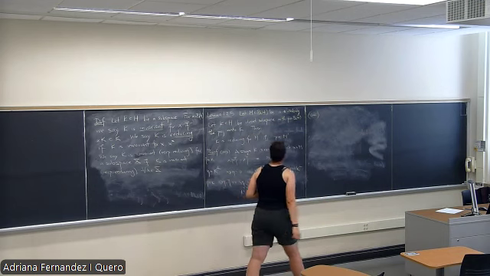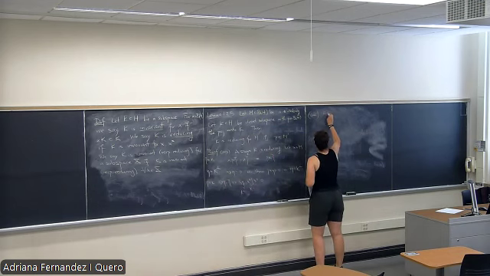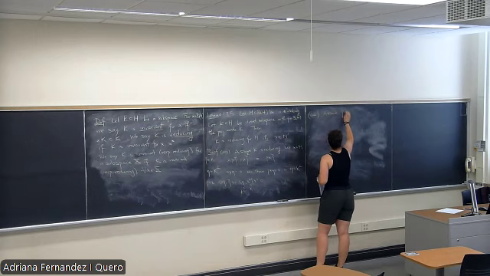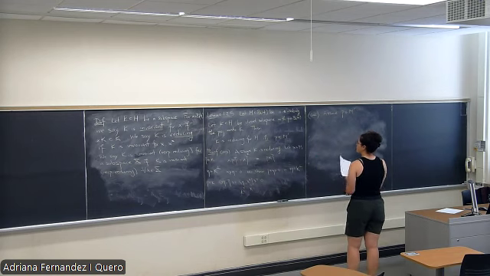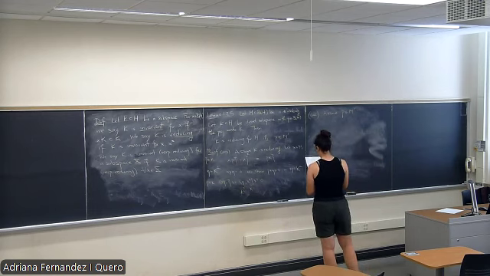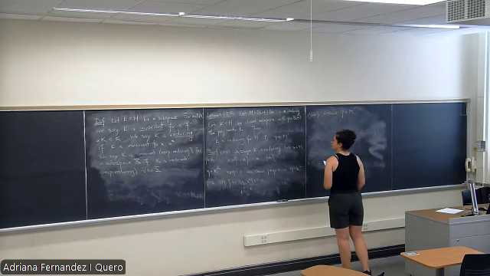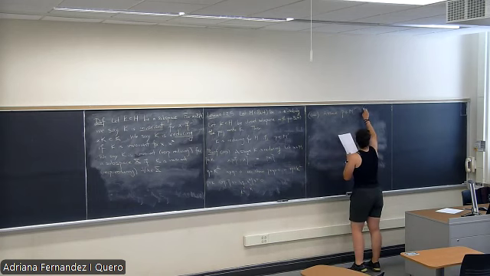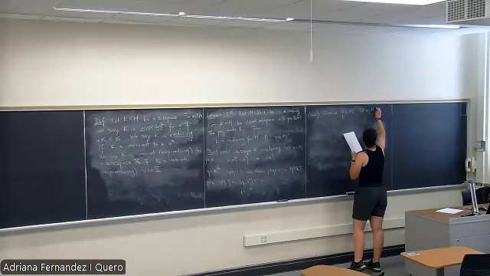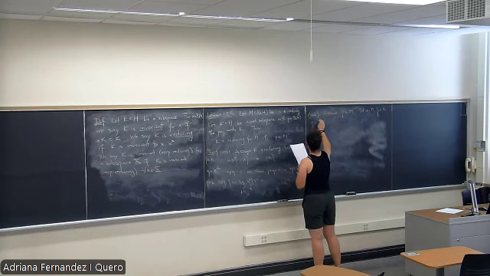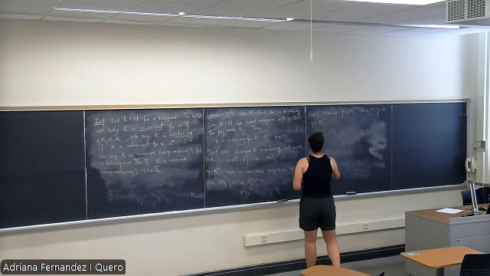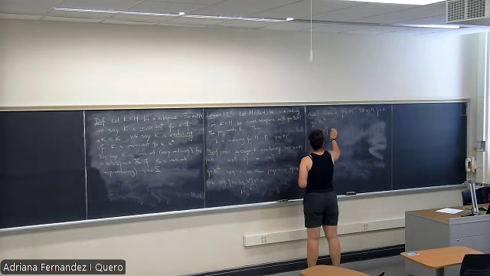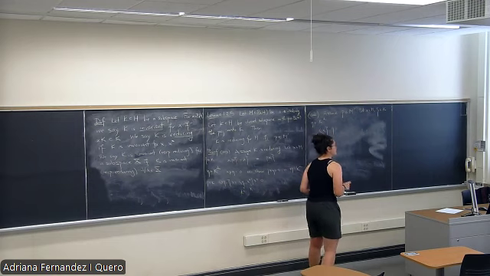Okay, so for the backwards direction, we assume P is in the commutant of M, and we want to show that x, for any x in M, applied to an element of K lies in K. So let psi be in K and eta in the orthogonal complement of K. If you take the inner product of x psi and eta, what we want to show is that this gives us 0.